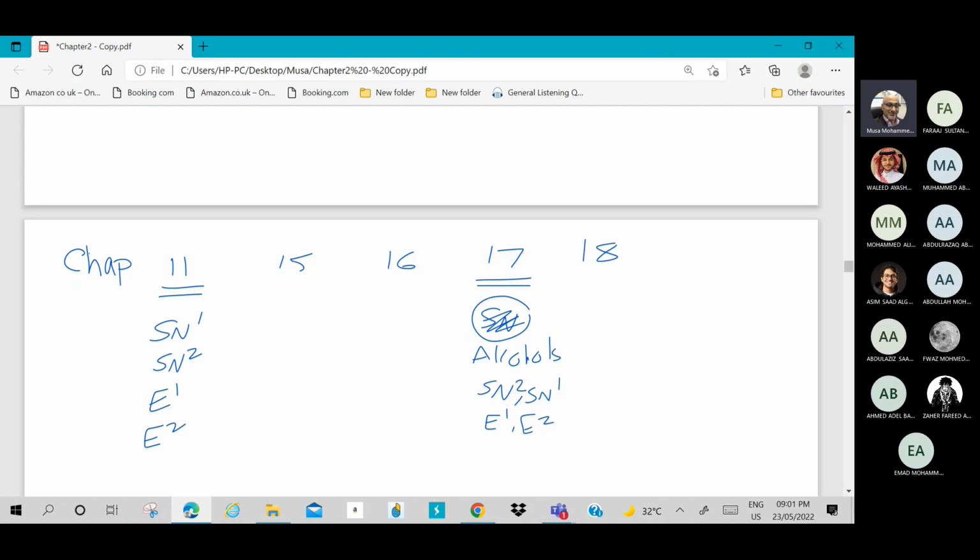So nobody should study chapter 17 before studying chapter 11. Now chapter 18. Chapter 18 is related to chapter 8, which was covered in the second major. Chapter 8 has to do with reactions of alkenes.